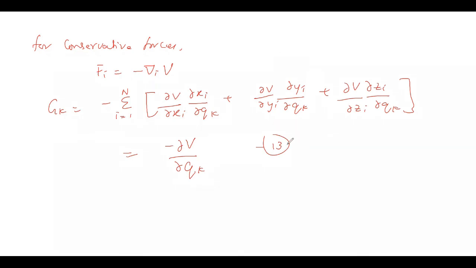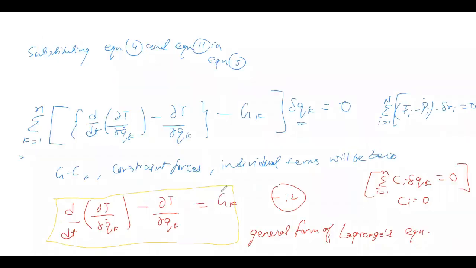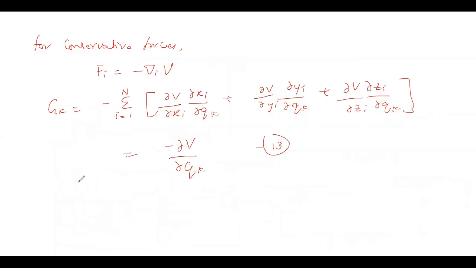Now we can substitute this part in equation number 12. Here I can substitute minus delta V by delta Qk. So what was my equation? The equation was d/dt of delta T by delta Qk dot minus delta T by delta Qk equal to minus delta V by delta Qk.